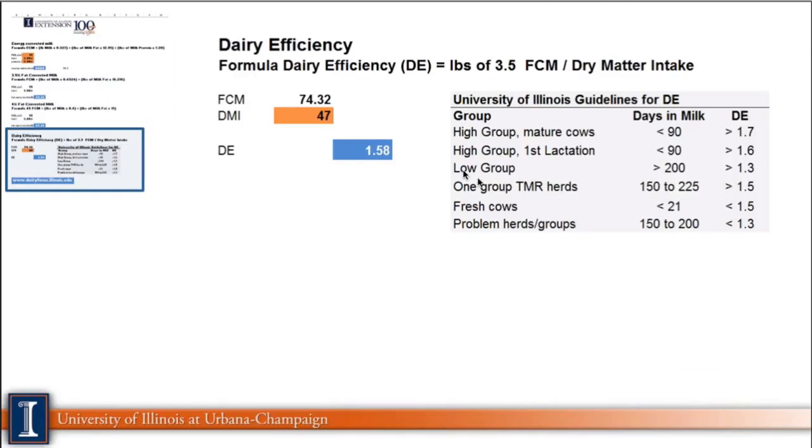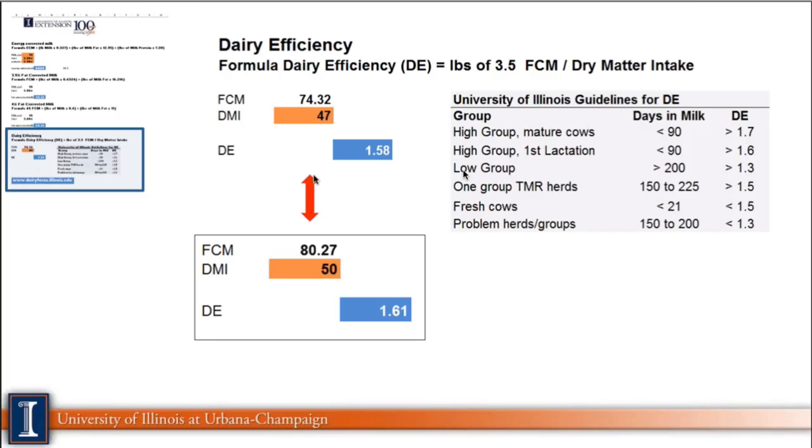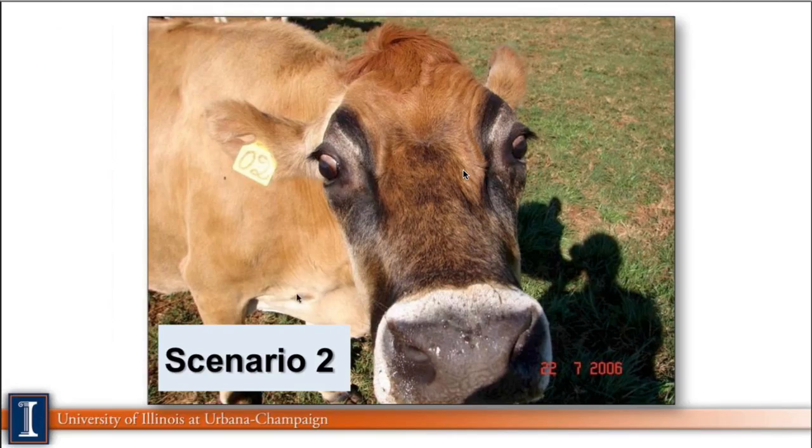And in the end, what we have is a dairy efficiency. It's calculating for you. Here I'm bringing again our recommendations for your farm, for your herd. So we have a dairy efficiency of 1.58. And if I had the extra 3 pounds of intake with 6 pounds of milk, I would have an efficiency of 1.61. So I could improve efficiency by improving comfort, for example.